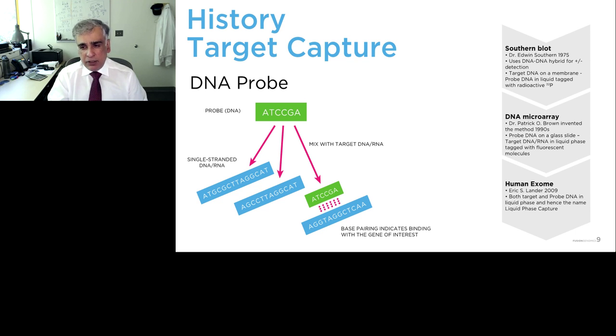Then the third iteration came with the human exome in 2009. Also, what changed in these iterations is that in the time of Dr. Sutherland, when you're doing southern-northern blots, your target, whatever you are interrogating, is immobilized on a surface, which used to be a nylon membrane and such.